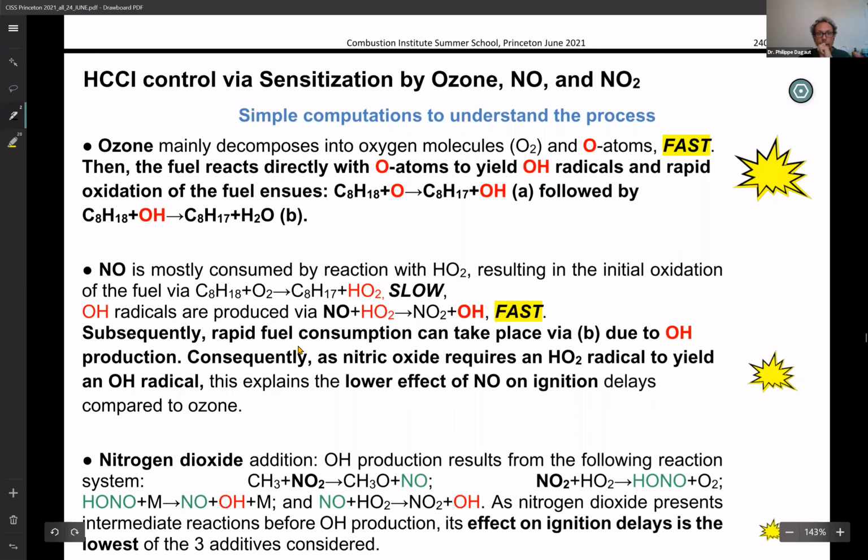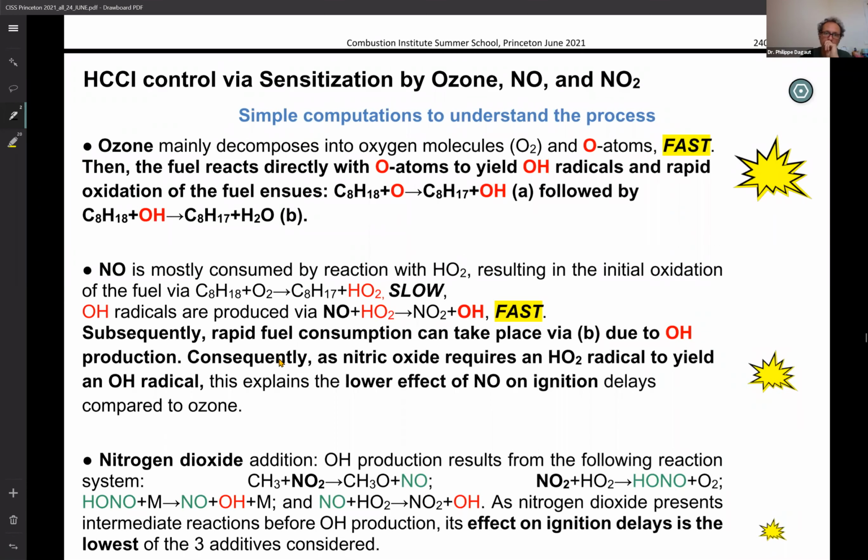Therefore, rapid fuel consumption can take place through this route here due to OH production via the interaction of NO with HO2. Thus, as nitric oxide requires an HO2 radical to yield an OH radical, this explains the lower effect of NO on ignition delays compared to ozone.